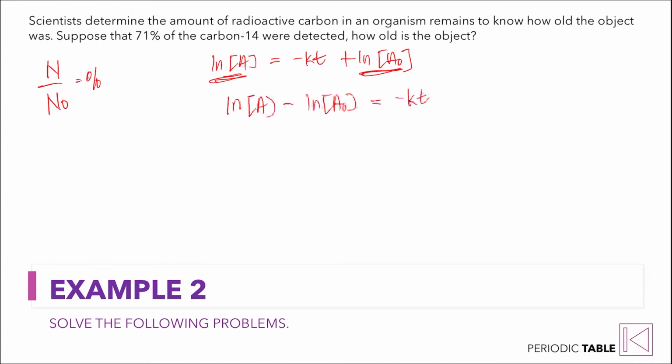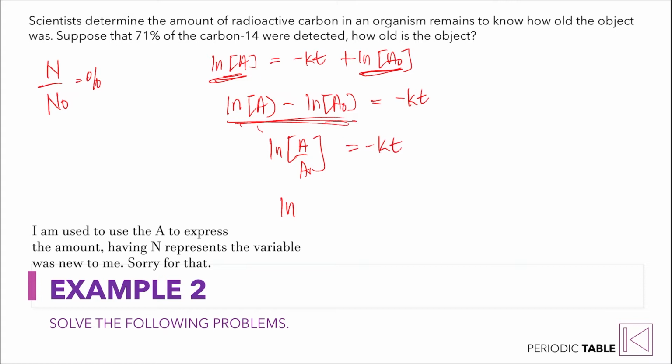Isa sa mga properties ng natural logarithm ay kapag meron kayong two terms, natural logarithmic terms, that is in subtraction, so we can actually make it in division. Pero kung meron ka namang addition, so we can express that in multiplication. So since this is subtraction, mangyayari is ln A over A naught is equal to negative KT. Oh, sorry.